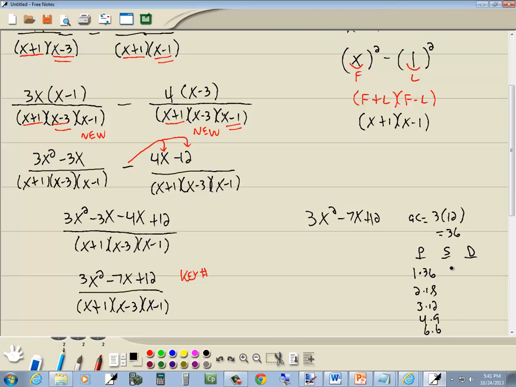Add them: 1 plus 36 is 37, 2 plus 18 is 20, 3 plus 12 is 15, 4 plus 9 is 13, 6 plus 6 is 12. Difference column, subtract them: 36 minus 1 is 35, 18 minus 2 is 16, 12 minus 3 is 9, 9 minus 4 is 5, 6 minus 6 is 0. The number we're looking for is the number in the middle term, which is 7. And I don't see 7 anywhere in the S or D column, which means it doesn't factor, and this would be our answer.